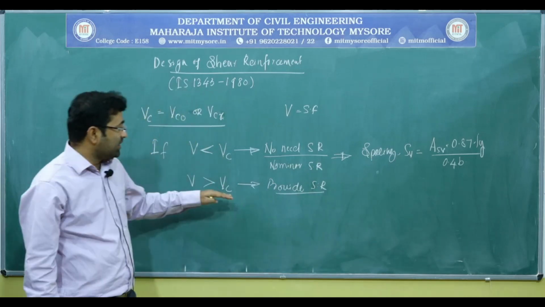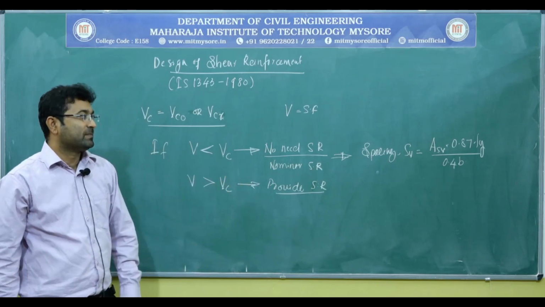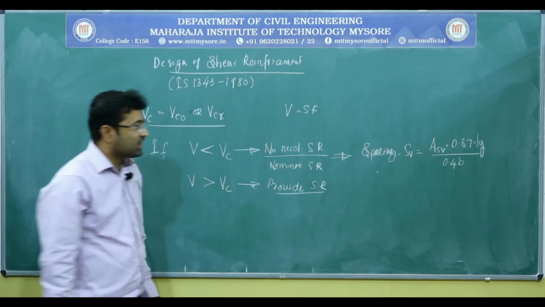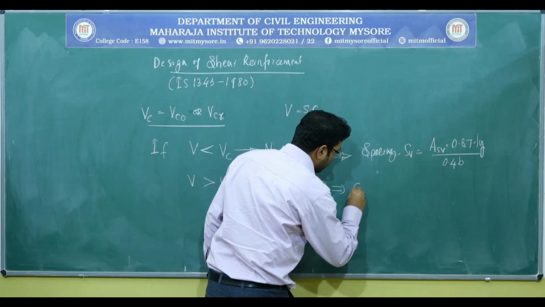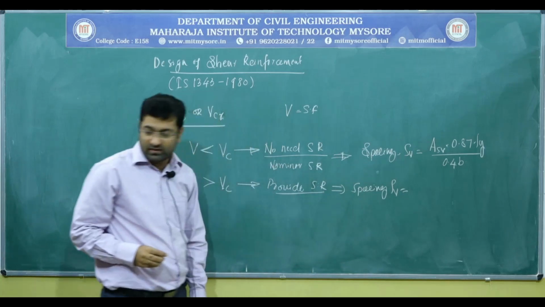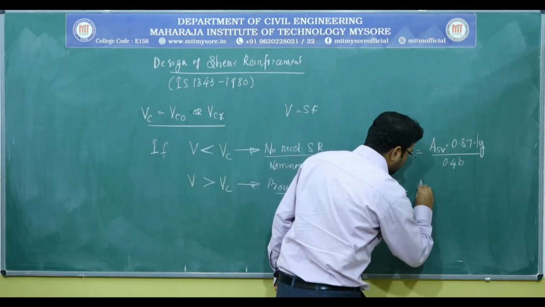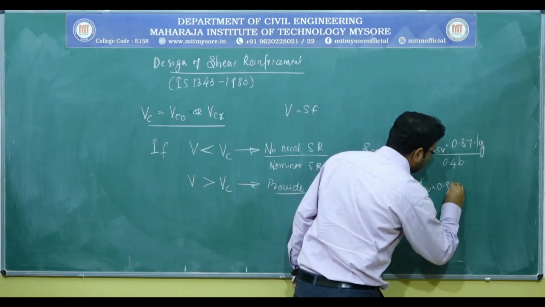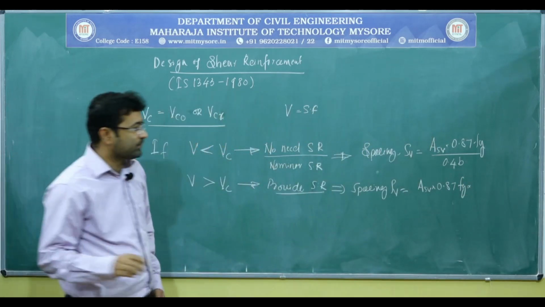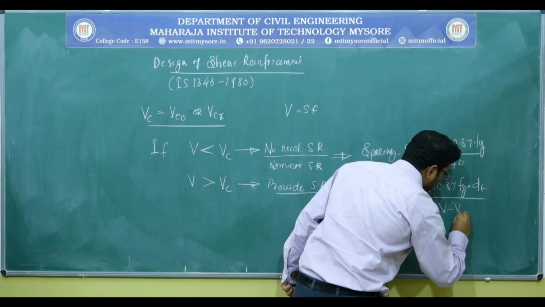In the second situation, where the shear reinforcement is exactly required, we have to calculate the spacing again by assuming some nominal diameter of the bars. Here the spacing Sv is calculated using the formula Asv into 0.87 Fy into dt, whole divided by V minus Vc.